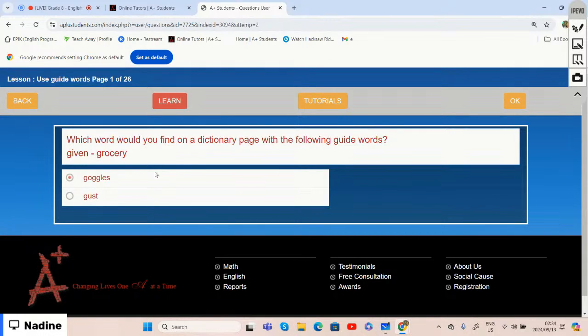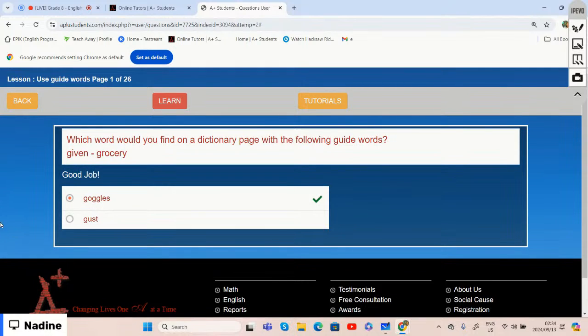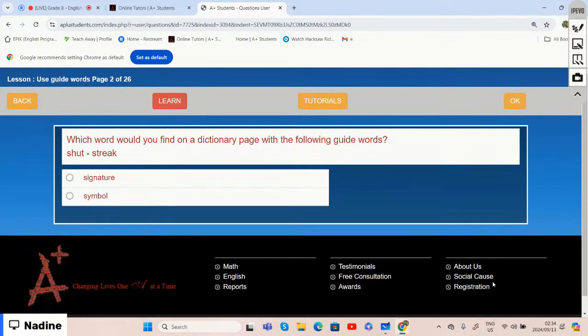Because remember, O in the dictionary comes between I and R, after I, before R, but the U comes after R. So goggles we will find on that same page with the guide words given and grocery.